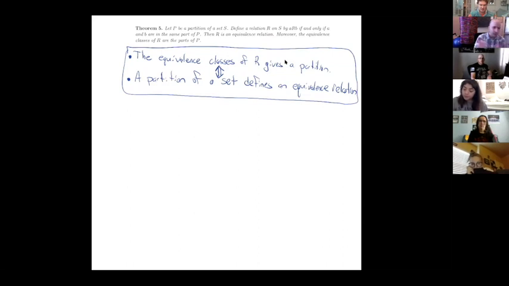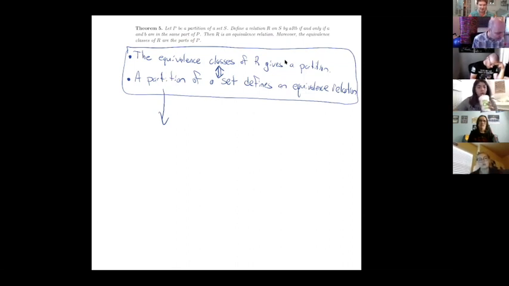So equivalence classes and partitions in some sense are not distinct from each other. They're just kind of the same thing. The way that we would define an equivalence relation from a partition is we say that two elements are related to each other if they appear in the same part.